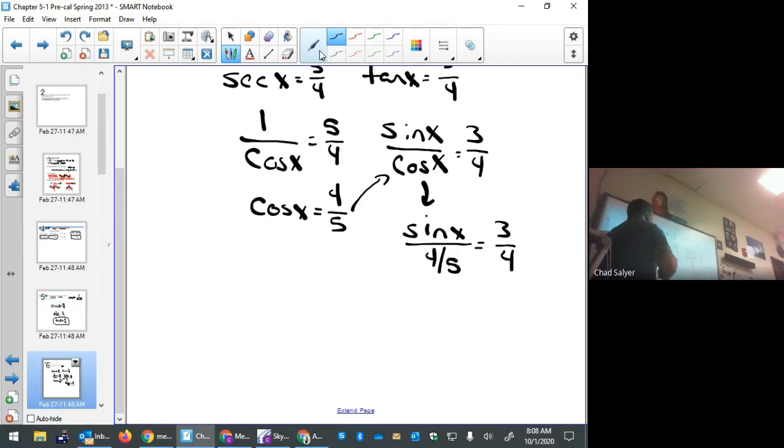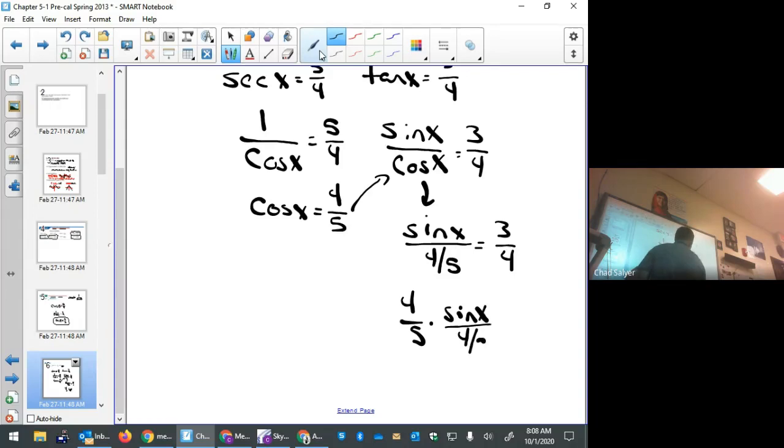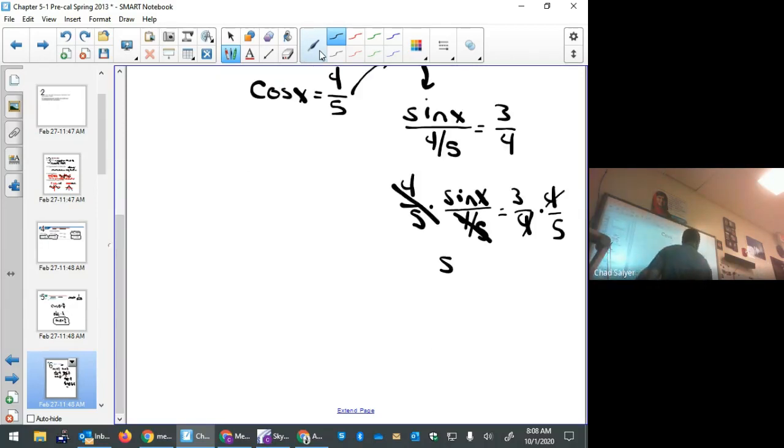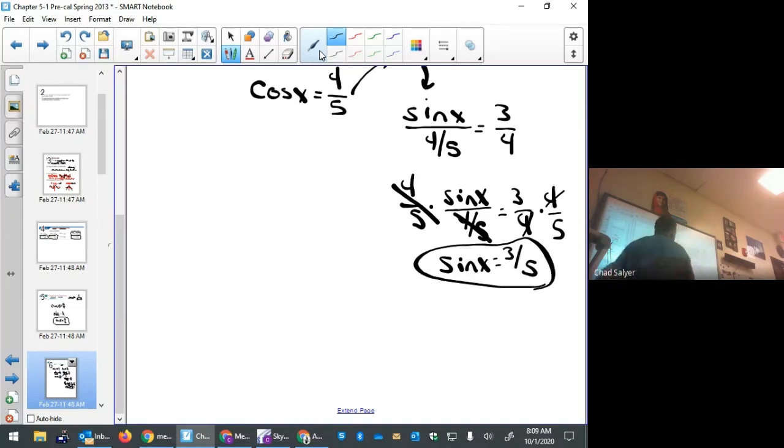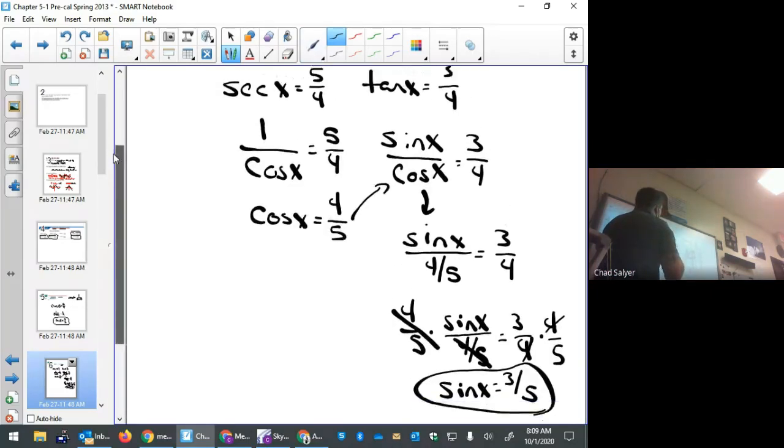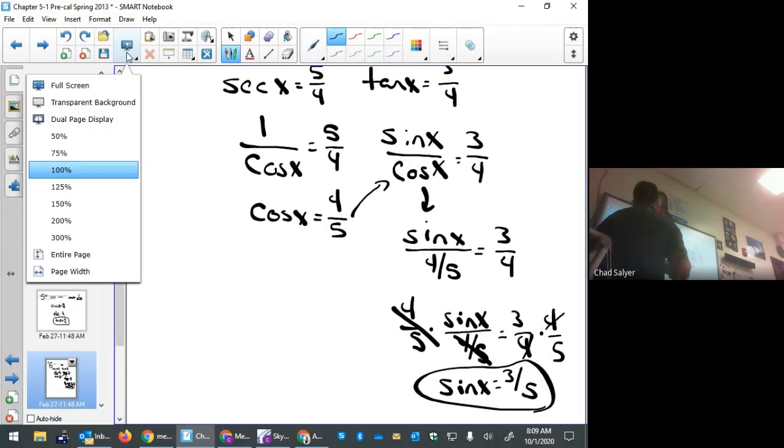If I multiply both sides by 4/5, on the right, the 4's cancel, and on the left, that cancels out the denominator, and I get sine of X equals 3/5.